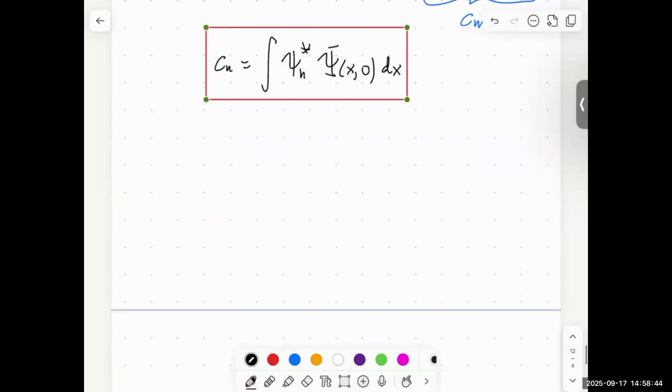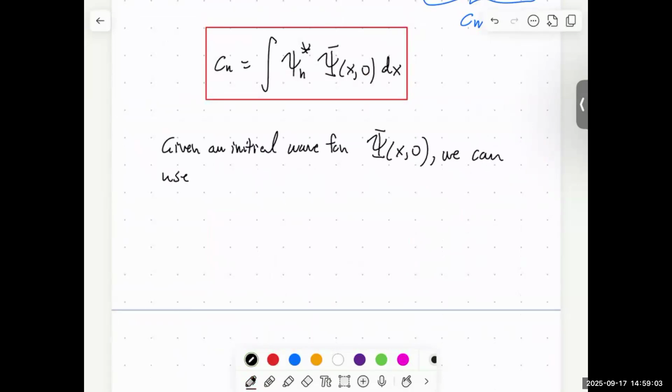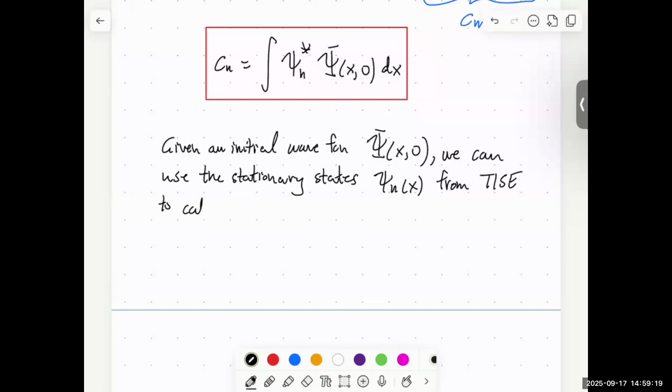So given an initial wave function psi of x at t = 0, we can use the stationary states psi n of x, little psi, from the time independent Schrodinger equation to calculate all Cn values.